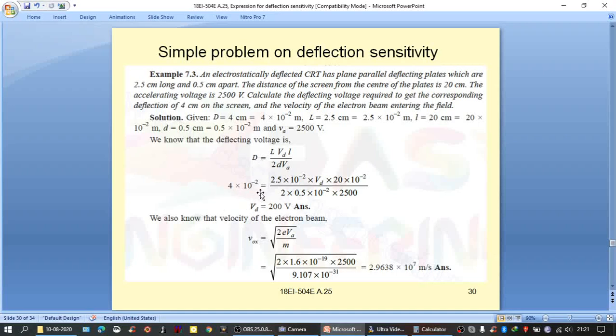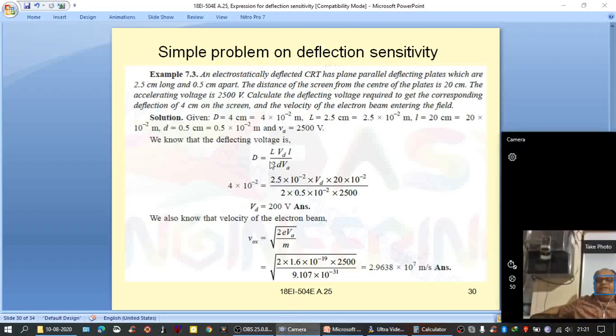D is given as 4 into 10 power minus 2 and Ld is given as 2.5 into 10 power minus 2, Vd is the unknown quantity and capital L is 20 into 10 power minus 2, divided by 2 into d. d is 0.5 centimeters, so 0.5 into 10 power minus 2 into 2500.